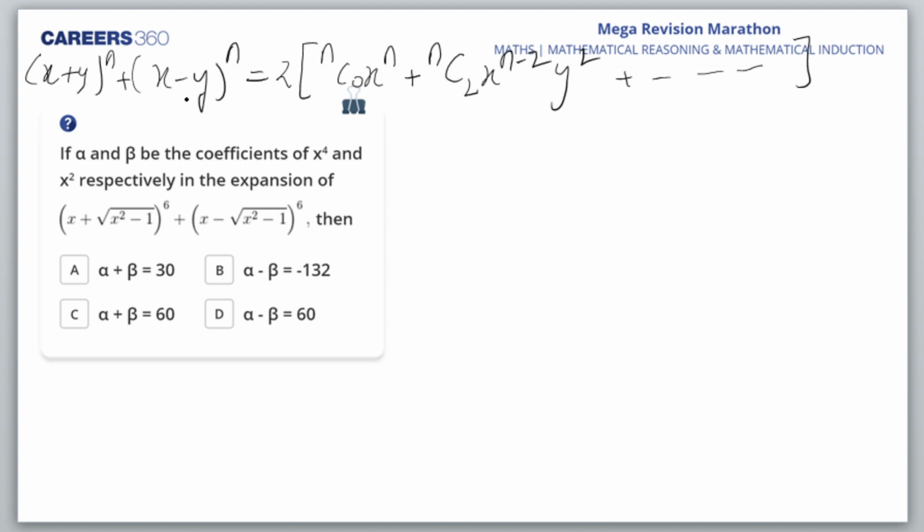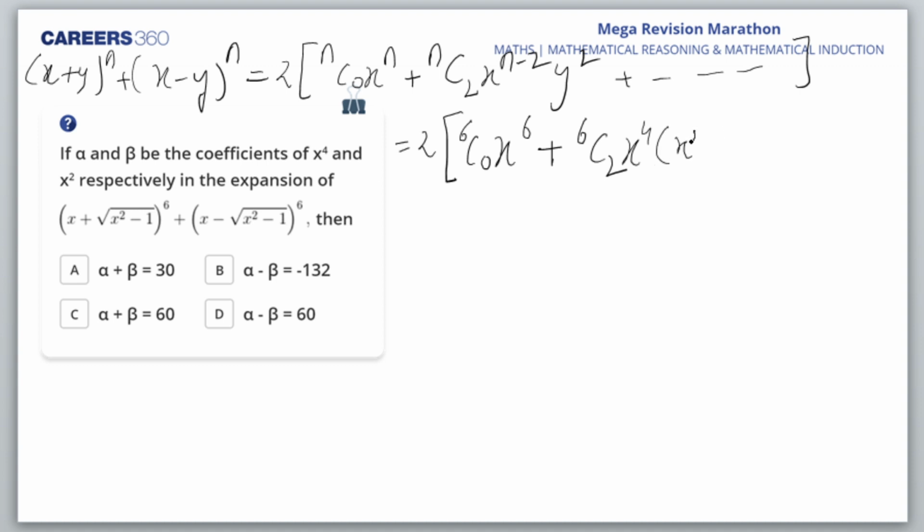Okay? So here x, if I'll consider x, and y I'll consider under root x square minus 1. So what do I get? I get twice nc0. N here is 6. So 6c0. X is to power 6. Am I right? Then I'll get 6c2. Okay? 6c2. So x power would be 4 and under root x square minus 1 would be raised to the power of 2.